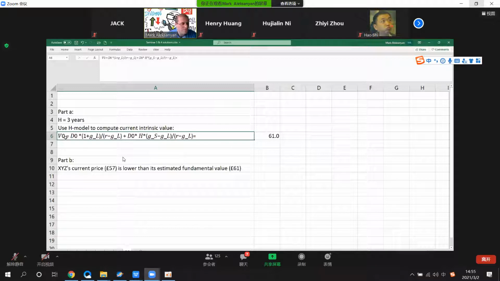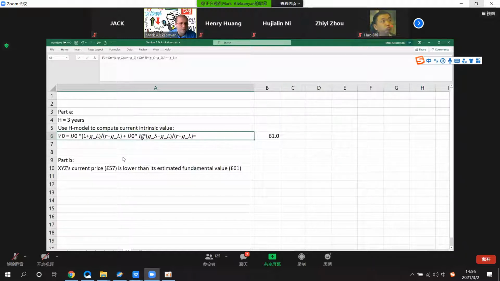So value today, or intrinsic value today, is your today's dividend times 1 plus the long-term growth rate, the growth rate that will settle after year 6, divided by R minus G long-term growth rate, plus today's dividend times H, and H is the half-life of this declining dividend growth period.